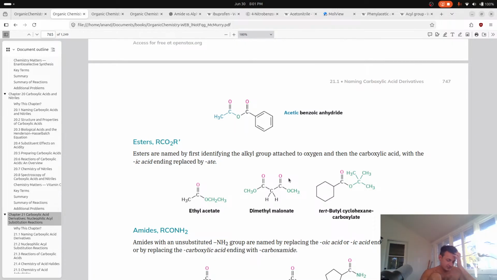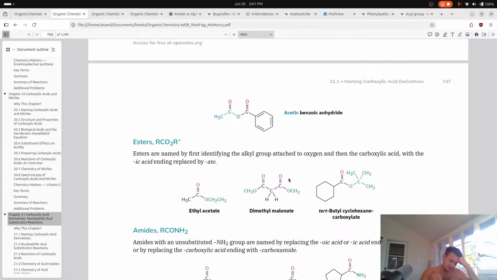So this is called tert-butyl. Let's look at the original thing. So this goes like this. This is called cyclohexanecarboxylic acid.